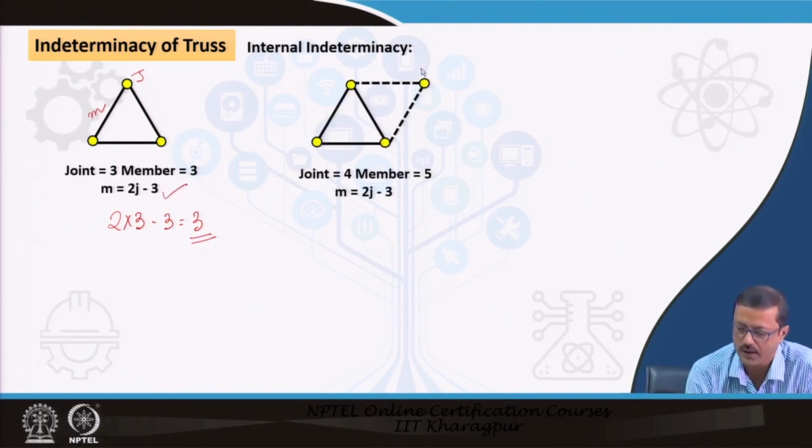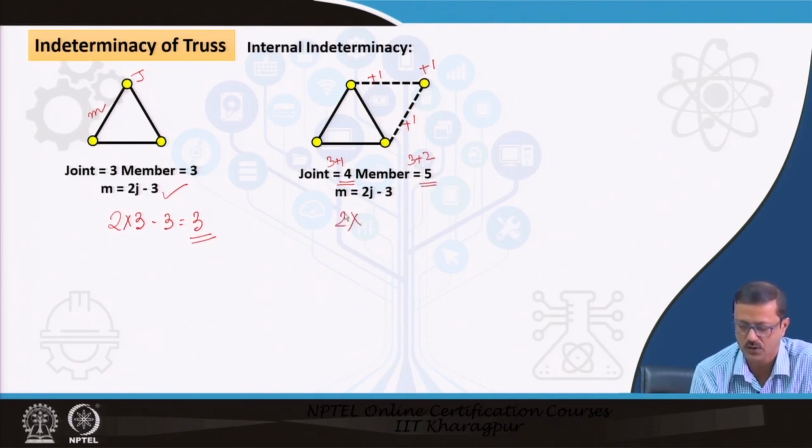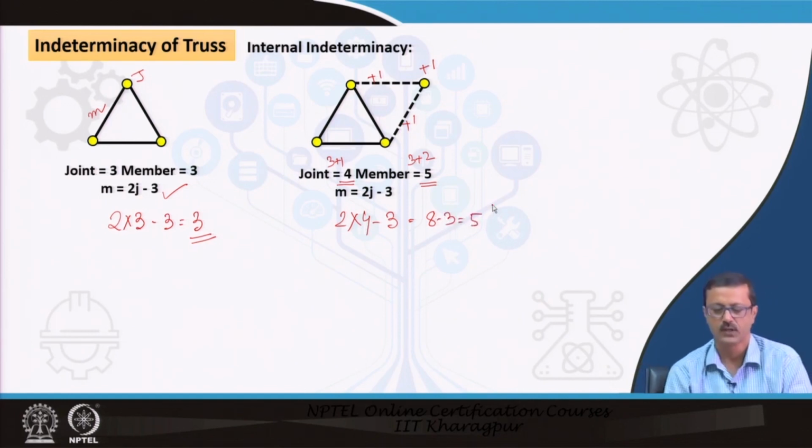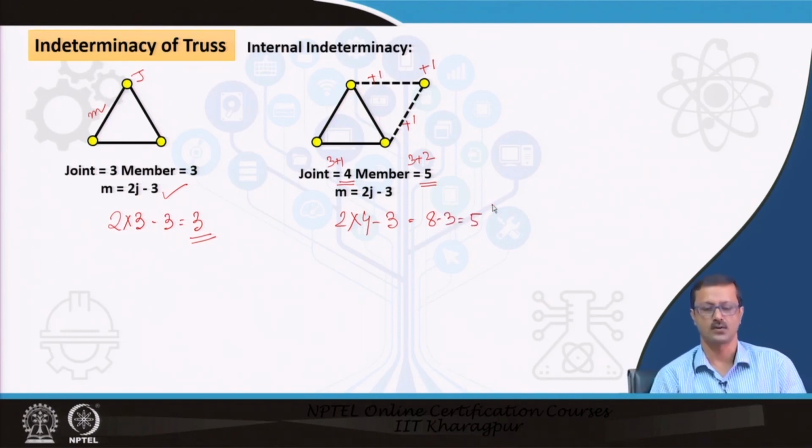So, one joint is added, so the joints are now 4, instead of 3 plus 1, but for one joint I have to connect 2 members. So, the members are now 3 plus 2, 5. Still this is okay, because 2 into 4 minus 3 equal to 8 minus 3 equal to 5, right. So, m equal to 2j minus 3 still holds good.